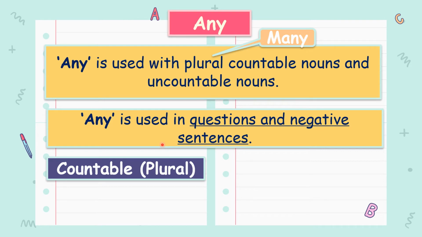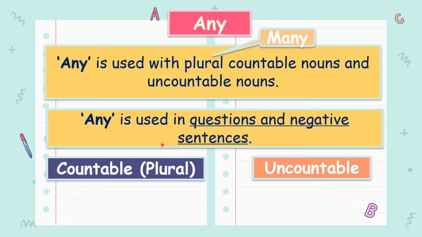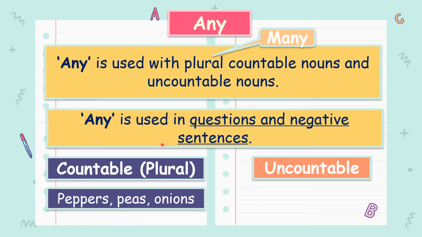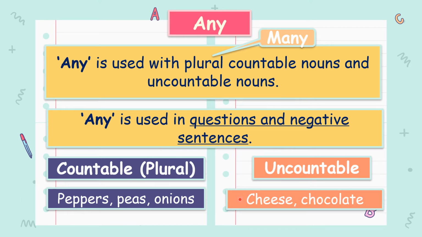Things that you can count, you can see, you can touch. While uncountable nouns is things that you can see, you can touch, but you cannot count. So the example of countable nouns are peppers, peas, and onions. While the example of uncountable nouns are cheese, chocolate, or milk and water.